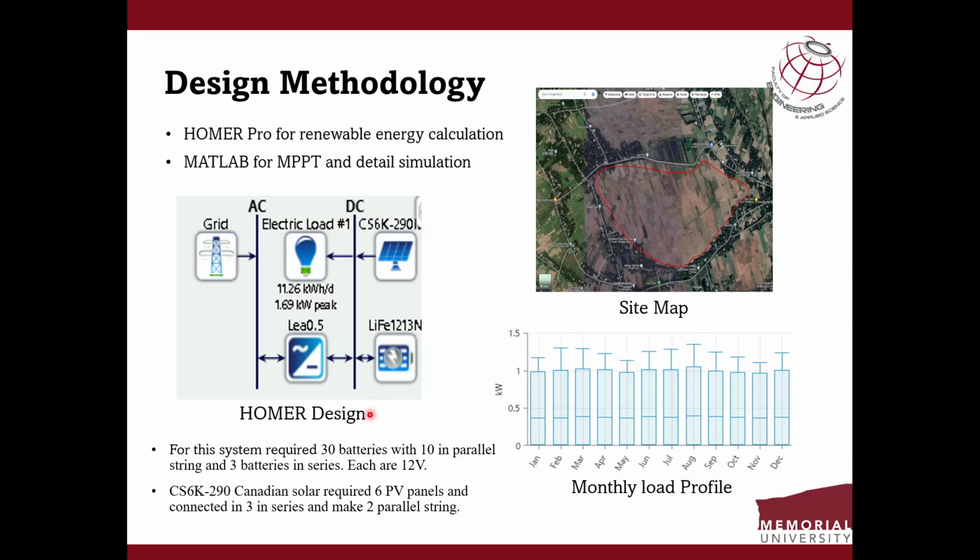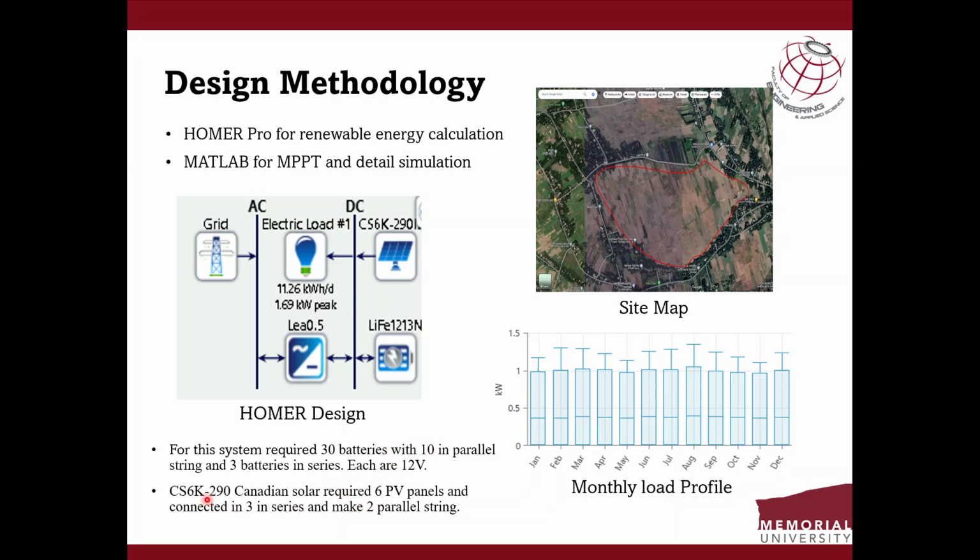From HOMER, we found this kind of solution. HOMER suggested it requires 30 batteries, with 10 in parallel strings and 3 in series, because our solar pump has a capability of maximum 36 volts. So we combine three 12 volt batteries to get 36 volt output, and then we attach 10 parallel strings with that.